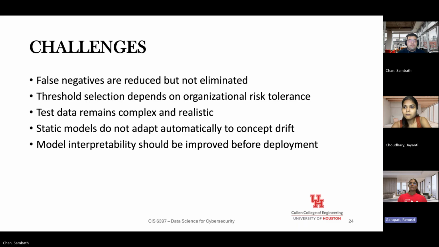And since the dataset that we took is static, it doesn't have modern types of attacks like APTs and ransomware, so it does not automatically adapt to evolving attack patterns and needs improvement. To address these limitations, we identified several improvements.